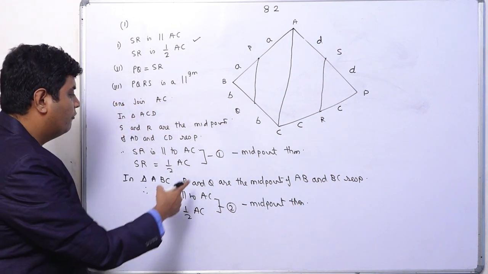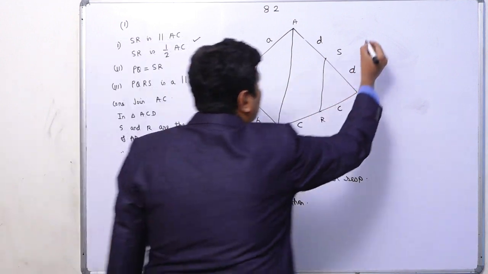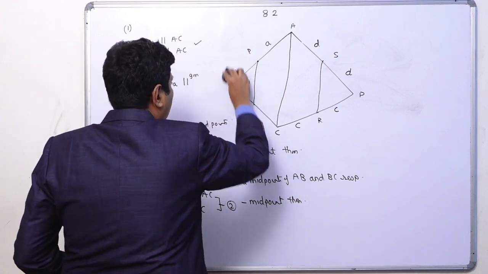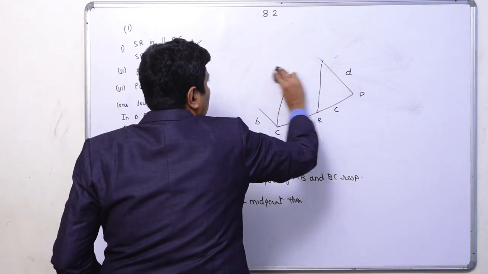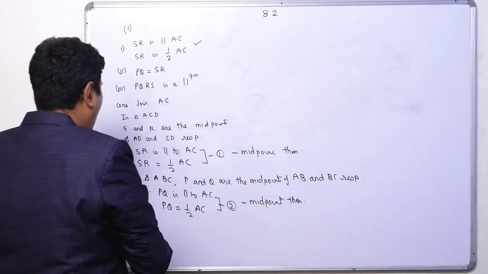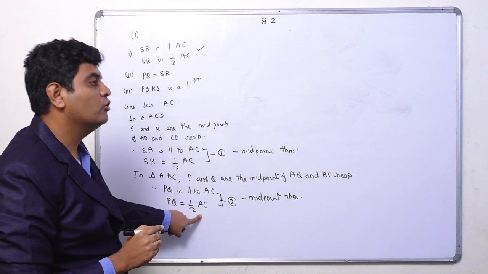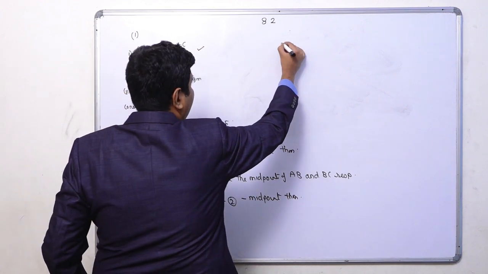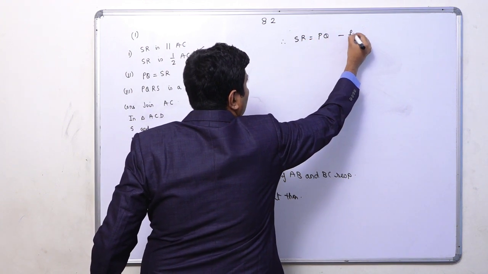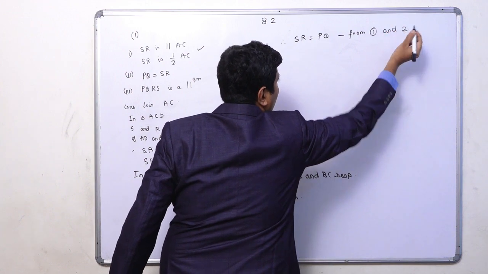So now from 1 and 2, can I say SR is half of AC, here PQ is also half of AC? So therefore, can I say SR is equal to PQ from 1 and 2?